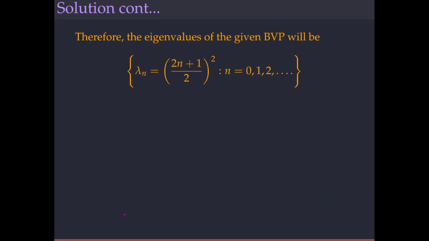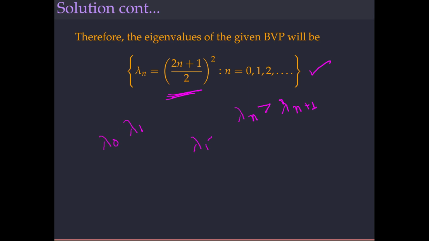So we got the eigenvalues of this boundary value problem. Now, what was the problem? We need to find the difference between the least two eigenvalues. Note that this is an increasing function of n, so lambda n is less than lambda n plus 1. Hence the least eigenvalues are lambda 0 and lambda 1.